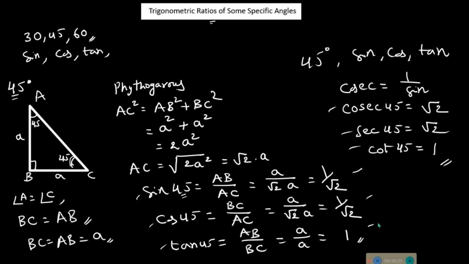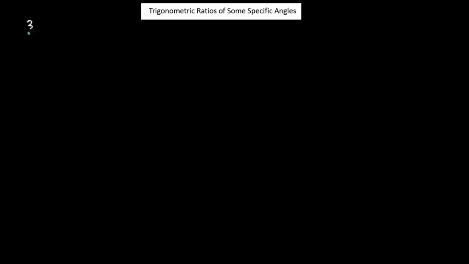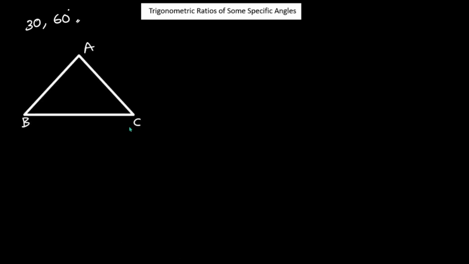Okay. Now let's see the derivation for 30 degrees and 60 degrees. Okay, let's take an equilateral triangle. What is an equilateral triangle? All the angles are the same in the equilateral triangle. This angle is 60 degrees, this angle is 60 degrees, and this angle is 60 degrees. Okay.